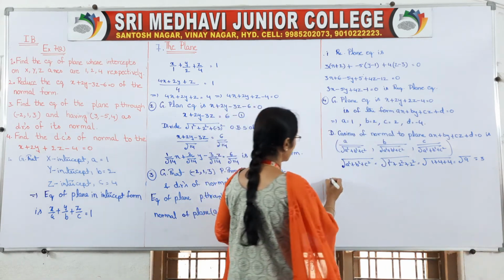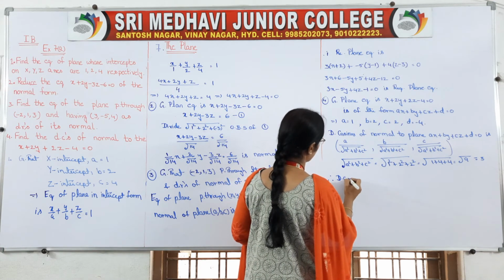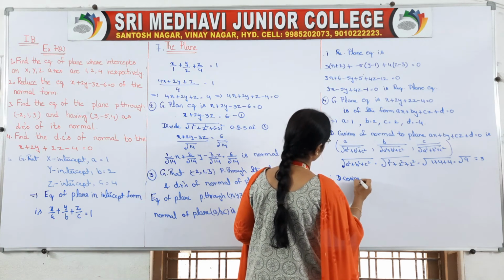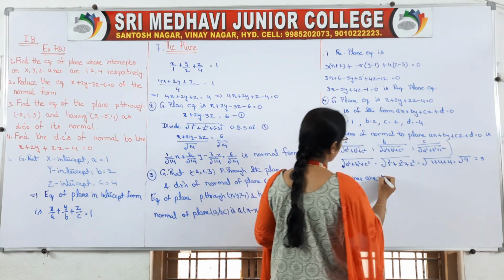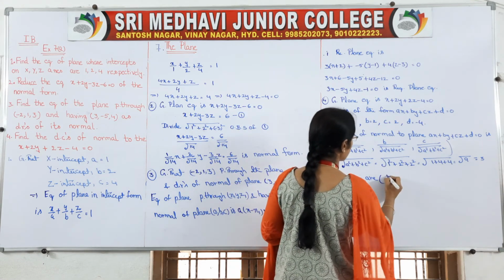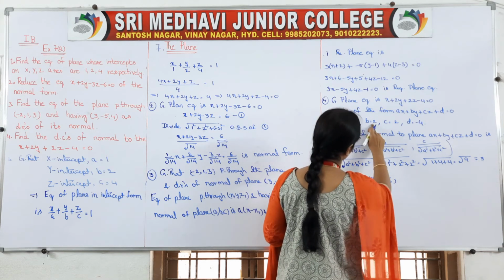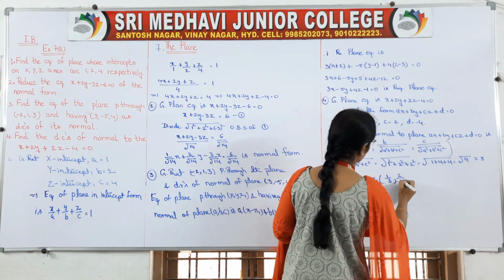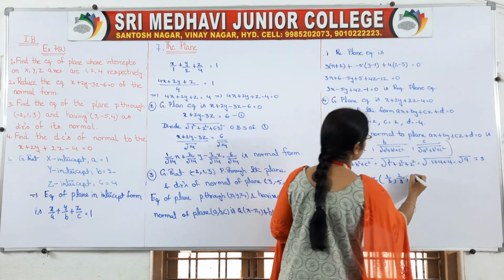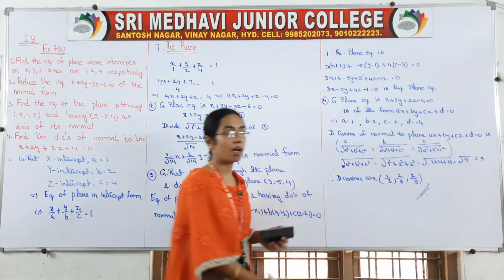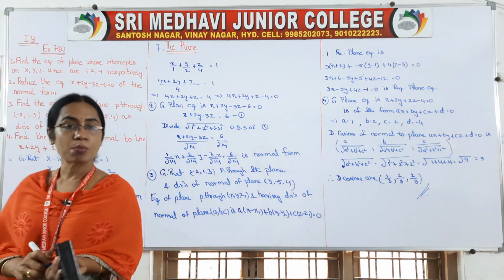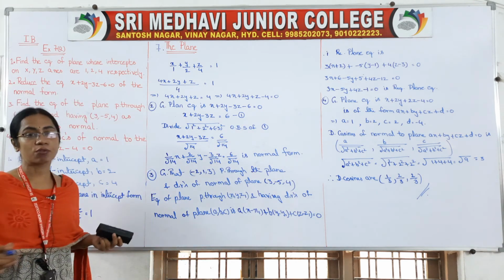Okay. So, therefore, what are the direction cosines? A by root of this, that is 1 by 3, b by that value is 2 by 3, and c by that is 2 by 3. So, this is the answer. All problems entirely depend on the formula.